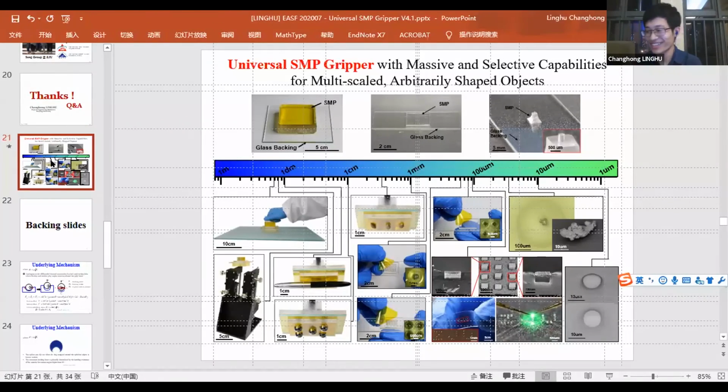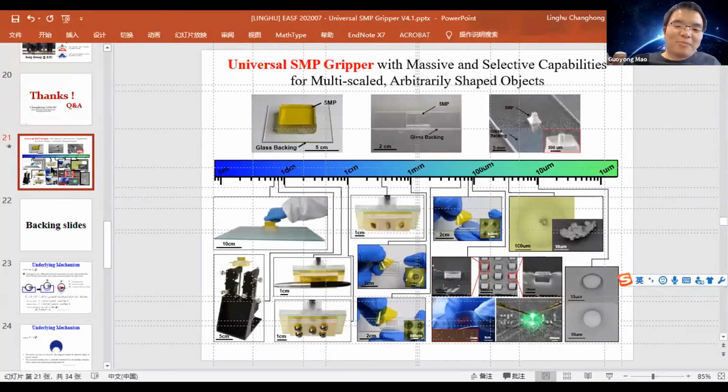One is, do you need some special shape for the object so that it could be taken by your gripper?